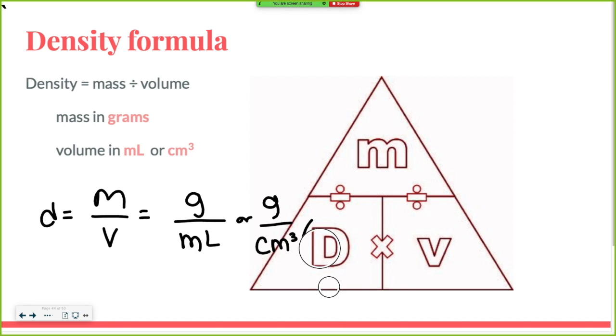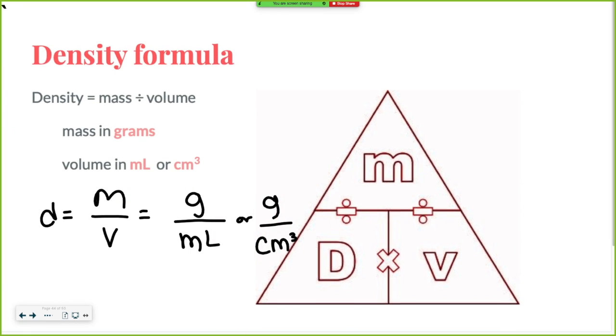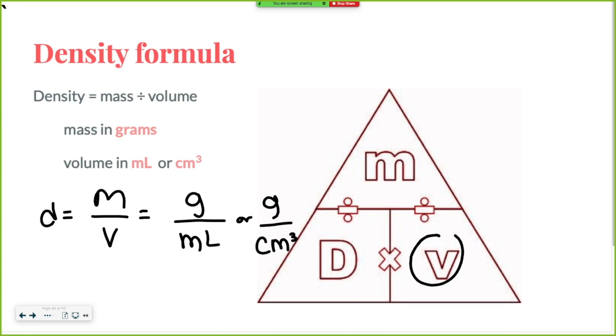If I'm solving for volume, I cover it up, and I can solve by mass divided by density. That's how, if you algebraically rearrange this, mass divided by density gives you volume. Then, if I want mass, I'll do density times volume. So if it's at the top, divide. If it's side by side, multiply.